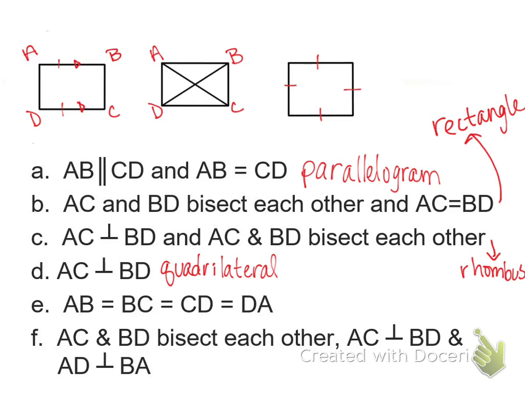That would be a rhombus. So if we have opposite sides congruent, we know it's a parallelogram. So if they're all congruent, opposite ones are congruent. So it's definitely a parallelogram, and if all four sides are the same, I would agree that it must be a rhombus.